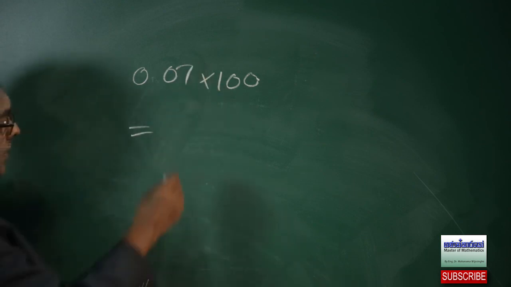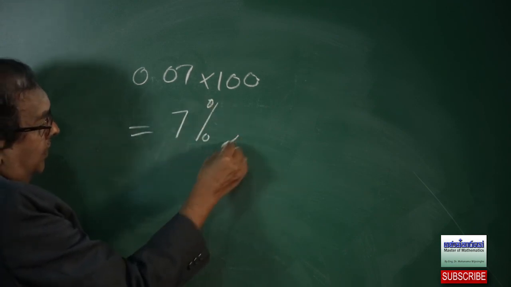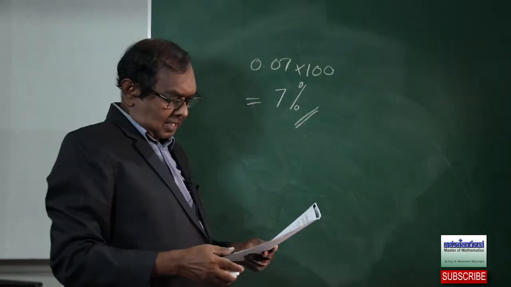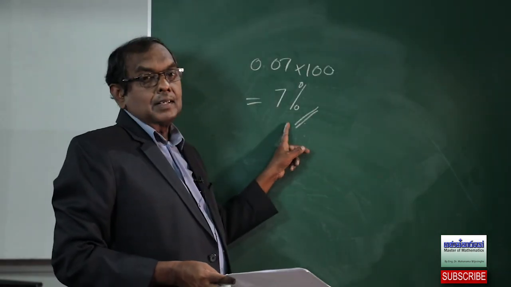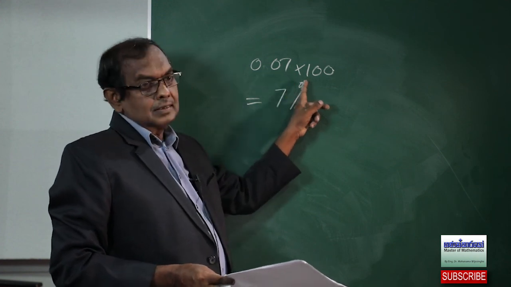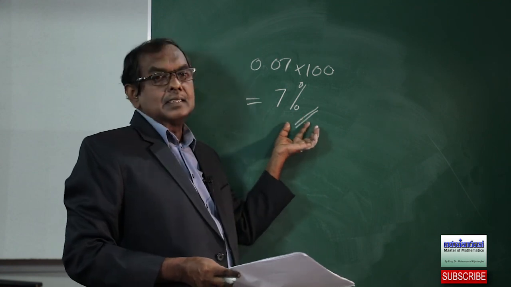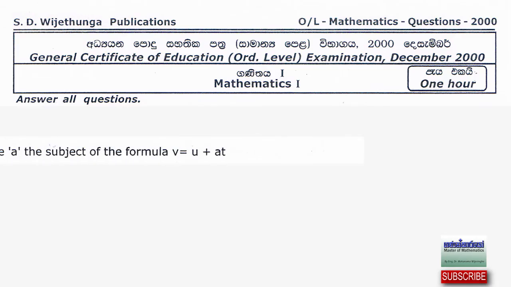Therefore, the answer is 7, but we have to put the percentage mark. This answer is 7%. 0.07 as a percentage is 7%. This is the answer.